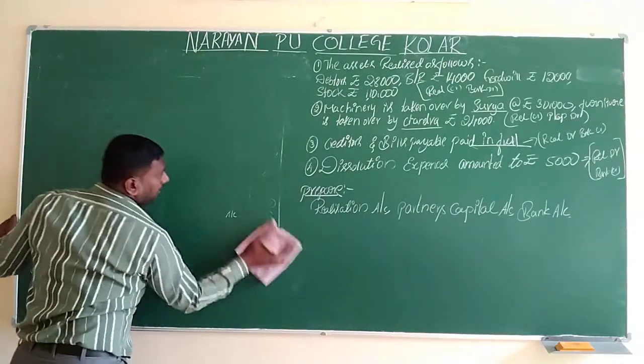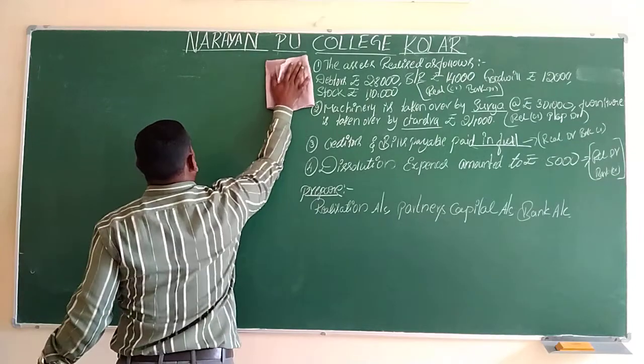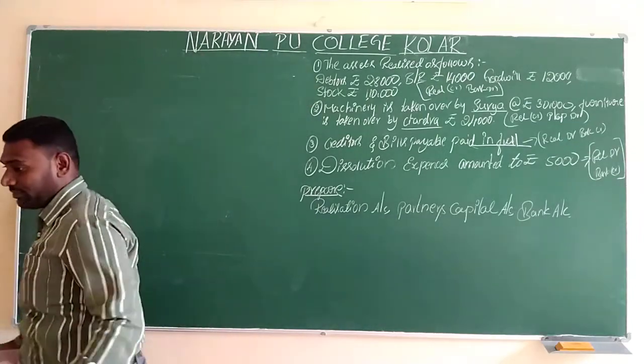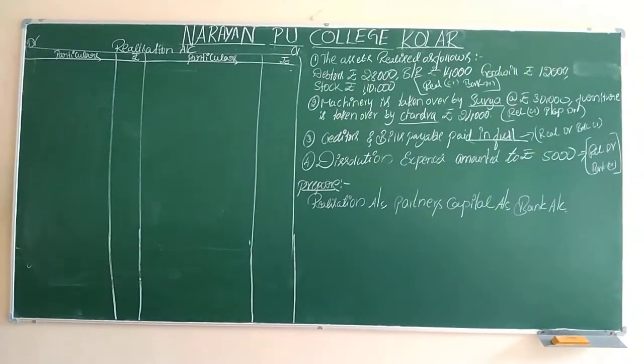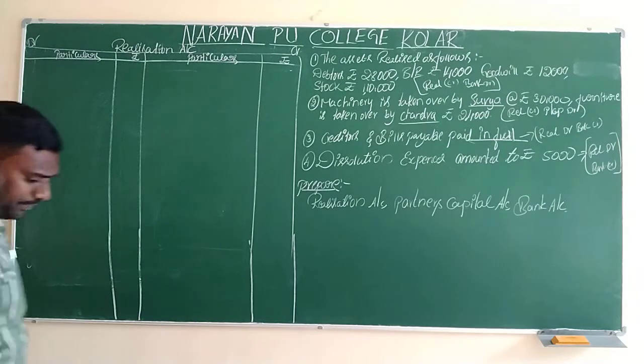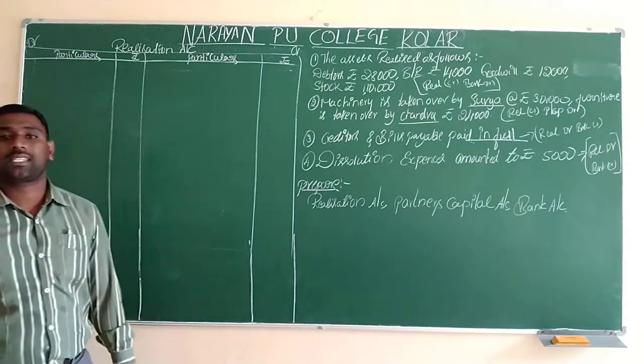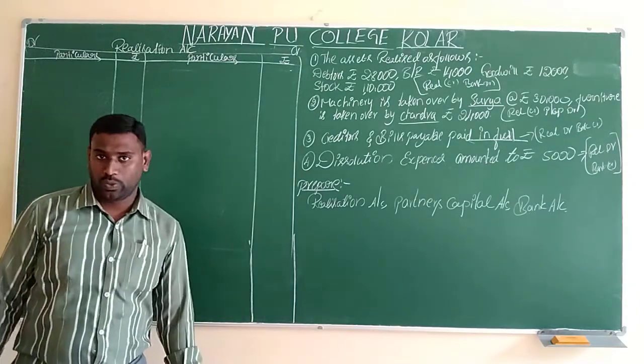The realization account is a very important account for you people. This is about the exact columns of the realization account. We have to move to the solution of the account only.